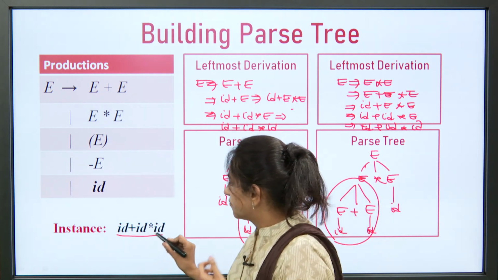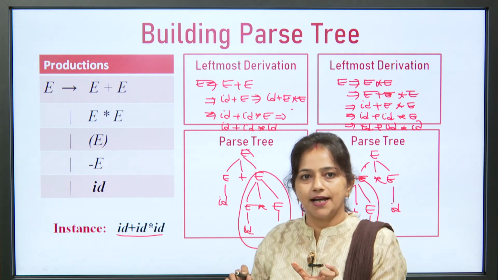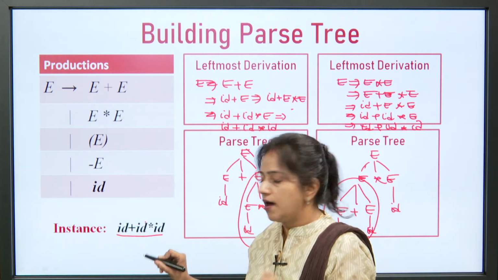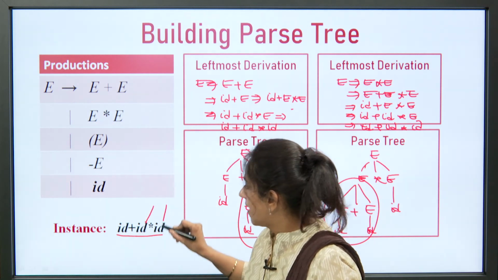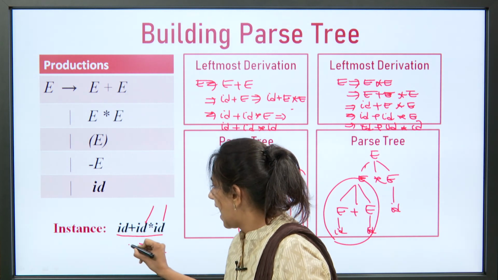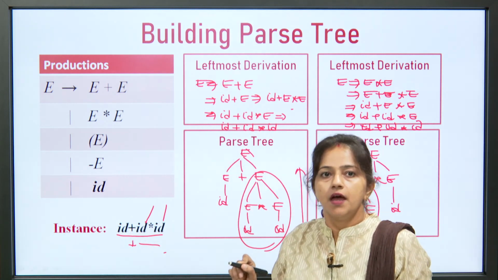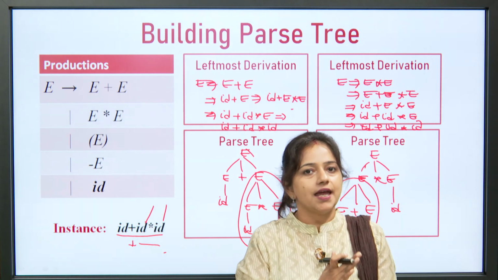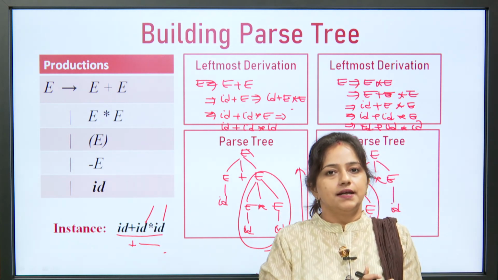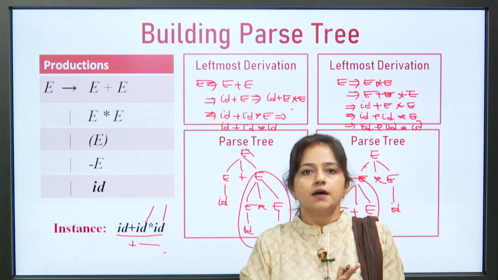In this instance, what is actually accepted, what is desirable? First of all, the second and third identifier should be multiplied, and then this result should be added to the previous ID, because of the associativity and precedence of the operator. We know that the multiplication operator has higher precedence than addition.